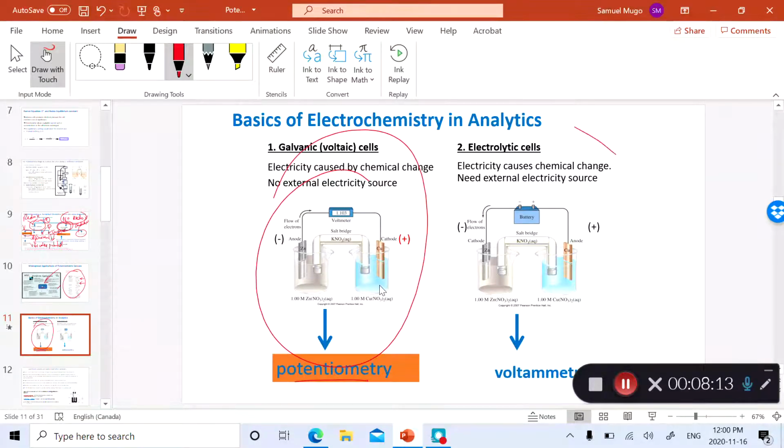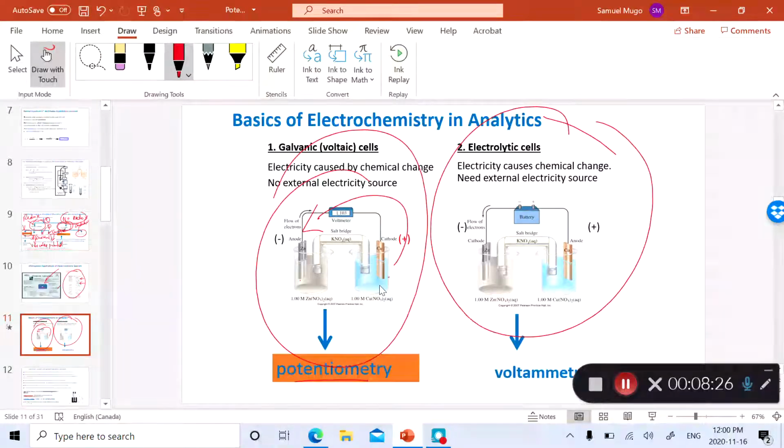On the other hand, if you reverse the order of the anode and the cathode, for example, in this case, now you call that an electrolytic cell, and you guys did this in Chem 102. And the only difference is, in a galvanic cell, the redox reaction is spontaneous. And with the electrolytic cell, the redox process is non-spontaneous.